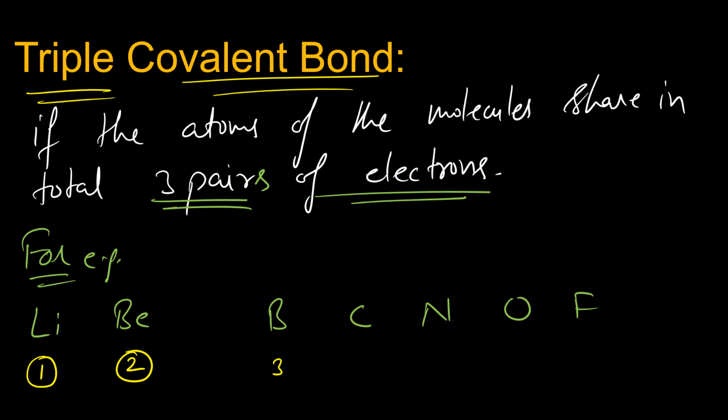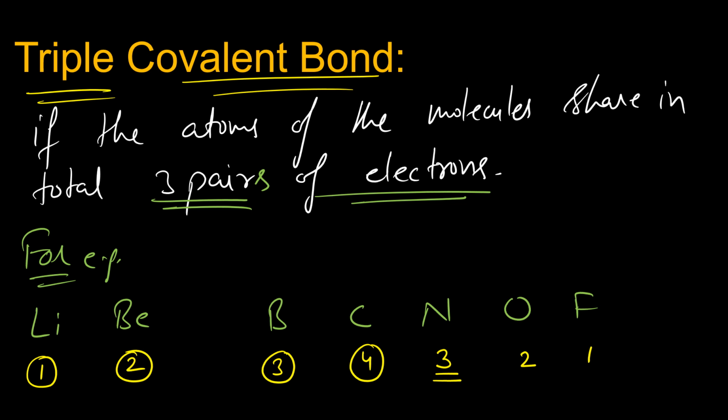Similarly, for boron it is 3. For carbon it is 4, for nitrogen it is 3, for oxygen it is 2, and for fluorine it is 1. So why does nitrogen have 3, oxygen 2, fluorine 1? This I am going to cover in the next video. In this video, we are directly considering that nitrogen's bond capacity is 3.